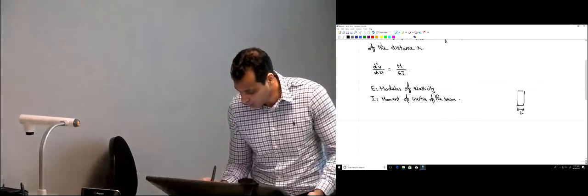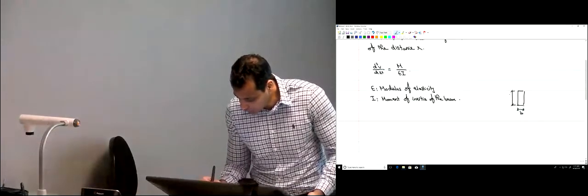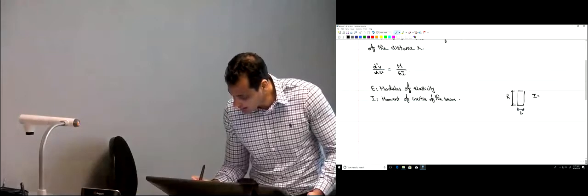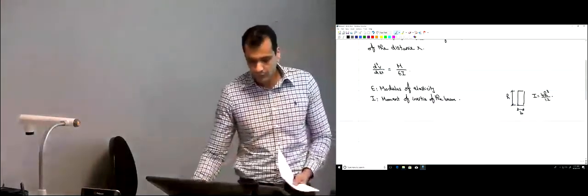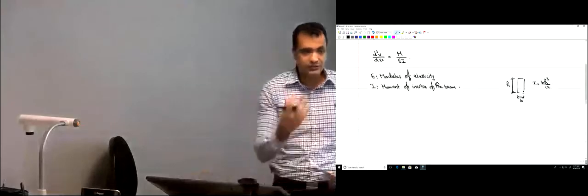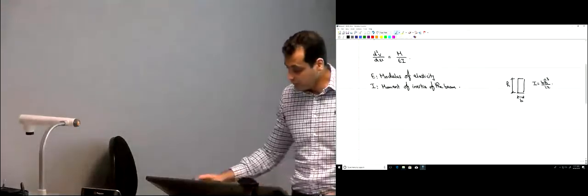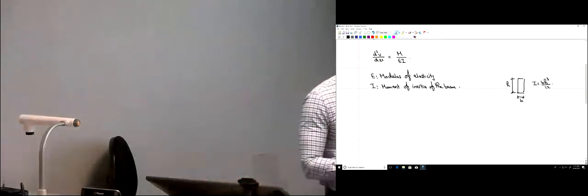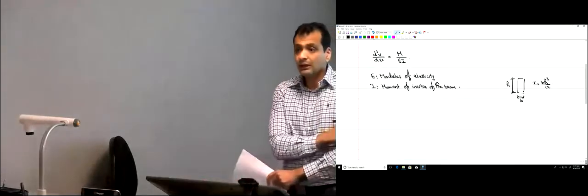You learned this in statics. For example, if you have a rectangular beam like this, with a width b and a height h, I is a property of that section, bh³/12. So I represents how stiff your beam is regarding the deflection. As it becomes stiffer, the deflection gets less. So this equation, d²v/dx² equals M divided by EI, will give us the deflection.